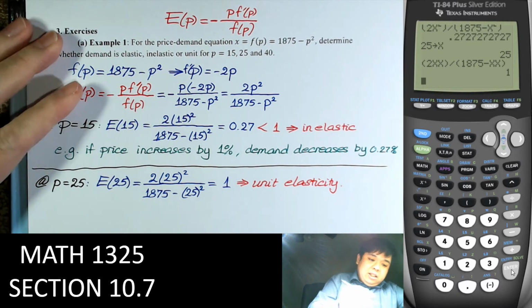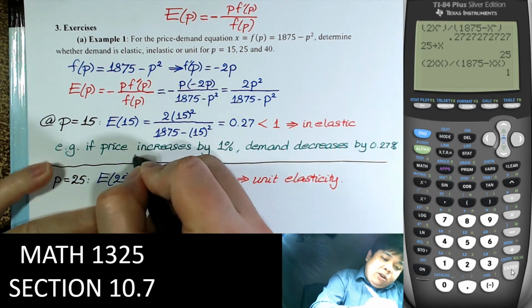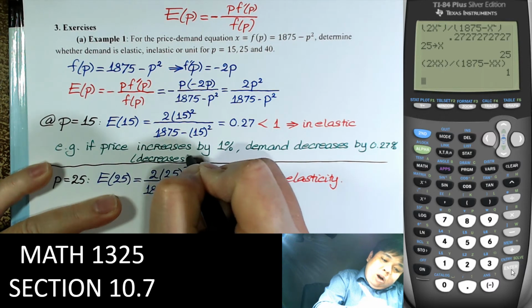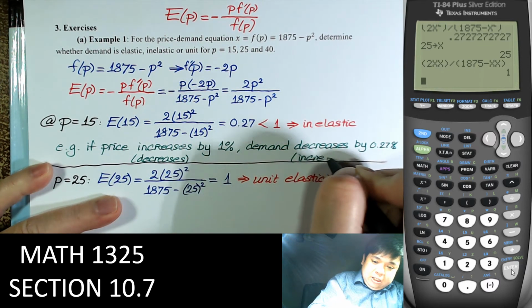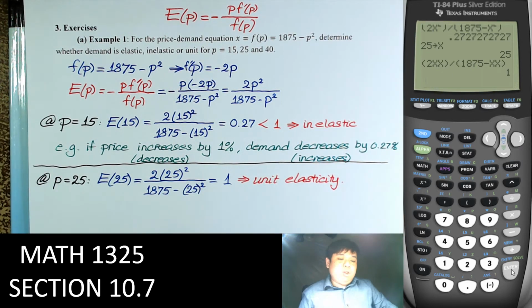In this case, of course, I should say if it is increased by 1% or if it is decreased by 1%, then the demand will decrease or increase. One increases, the other one decreases.